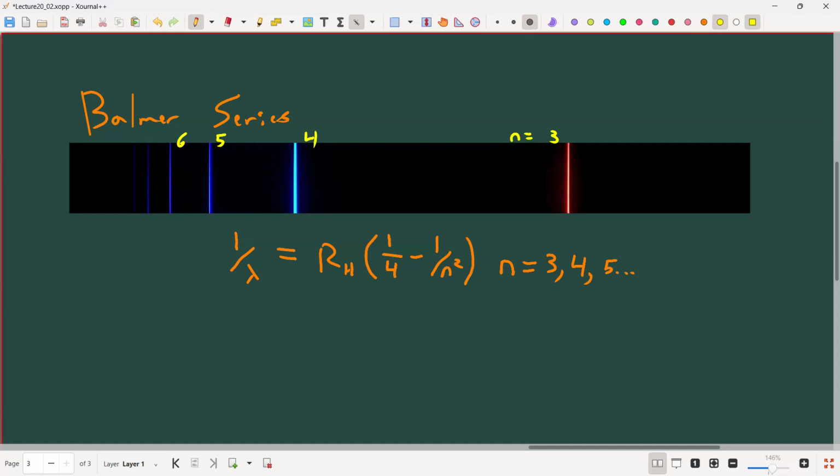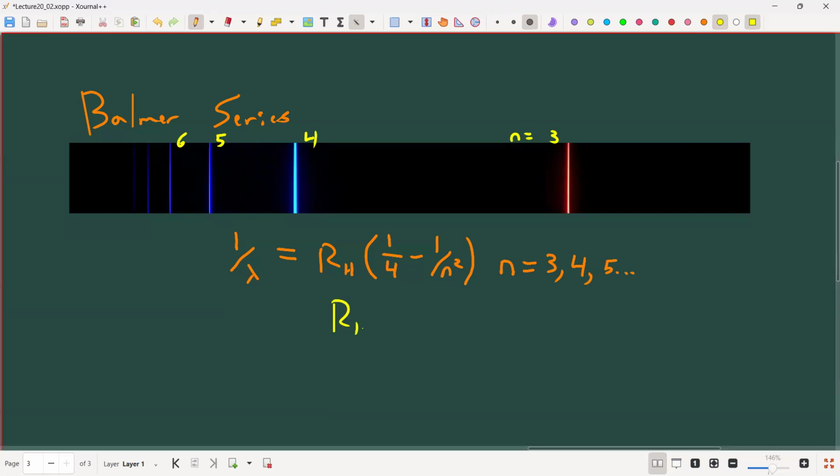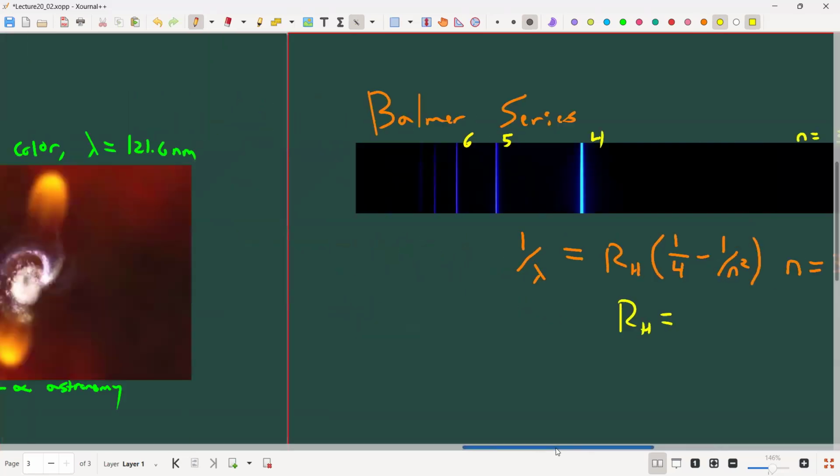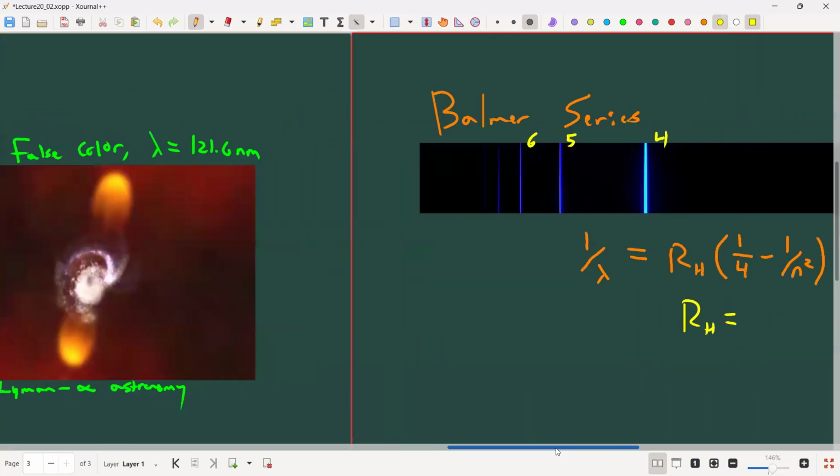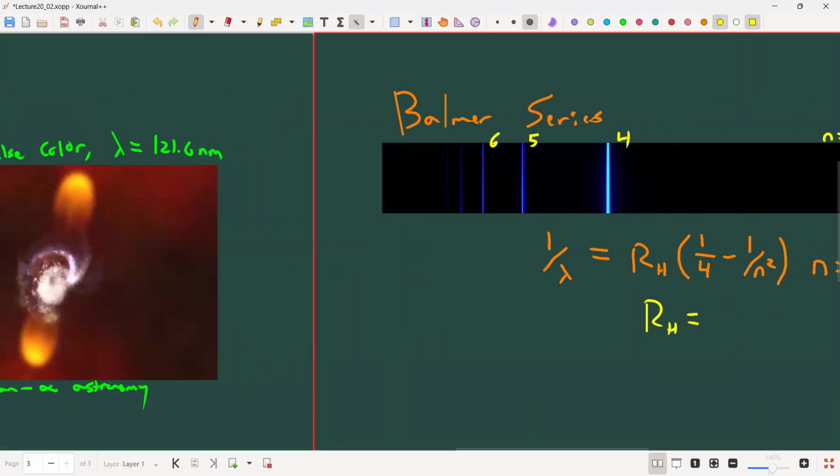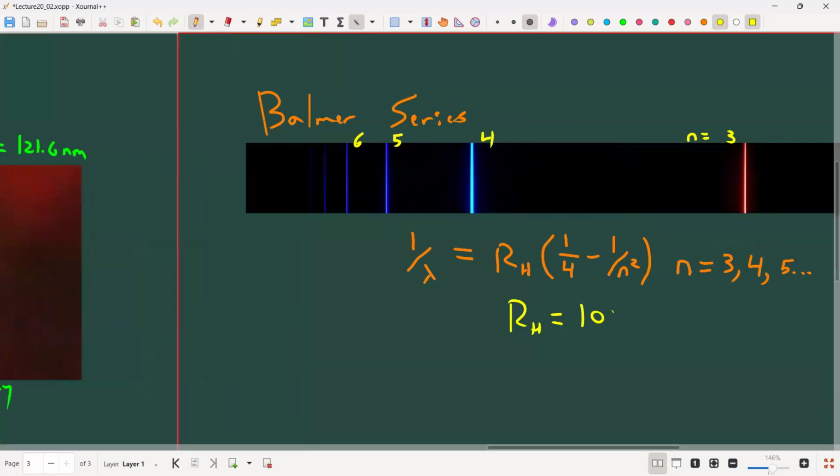And then you fit RH here, and the value is exactly the same as you get for the Lyman series. The only difference is the formula.